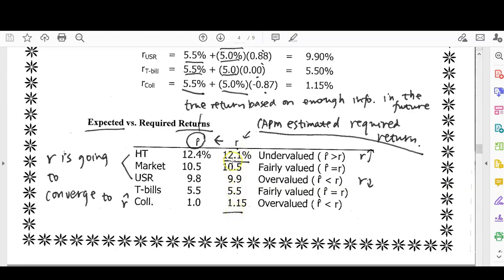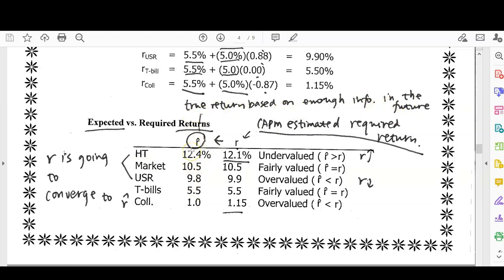And we compare these model estimated required returns to R hat, the expected return. Remember how we calculate R hat? We use the expected return of the assets in each economy scenario multiplied by probability in each scenario to get this R hat. This is the true return based on enough information in the future.